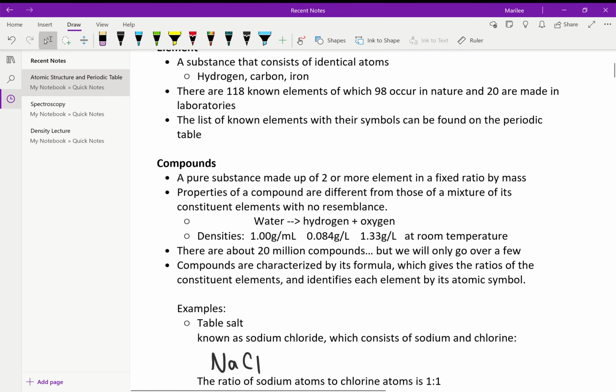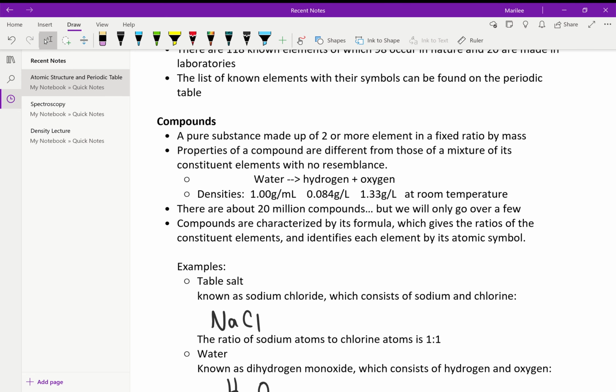Next, I'm going to go over compounds. Compounds are a pure substance that's made up of two or more elements in a fixed ratio by mass. Properties of compounds are different from those of a mixture of its constituent elements, with no resemblance. For example, water is made out of hydrogen and oxygen.